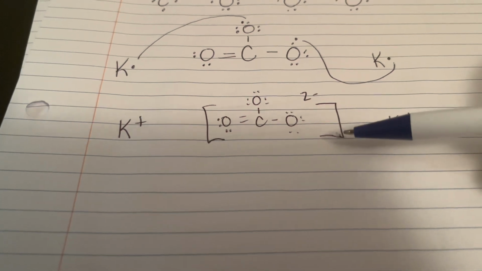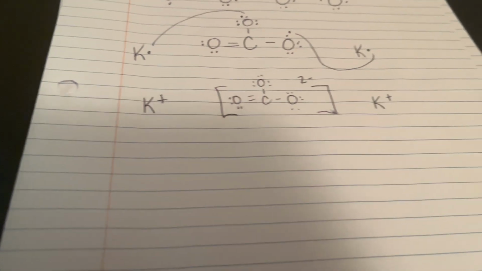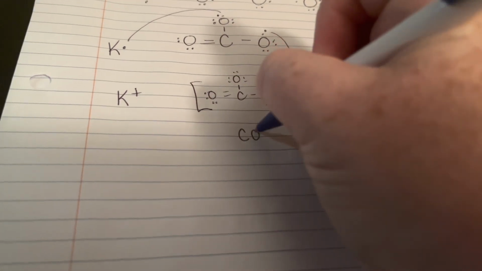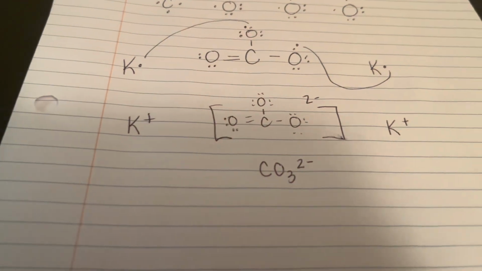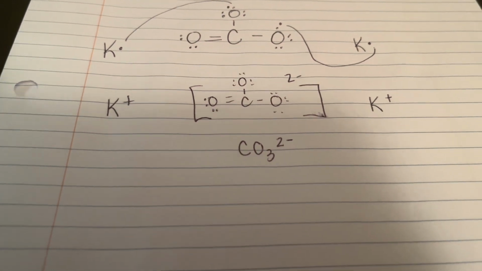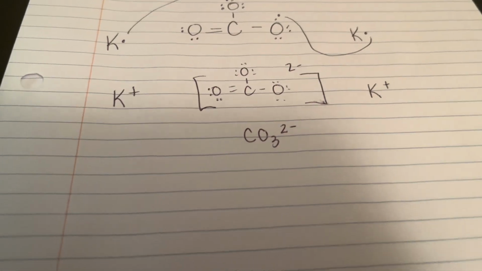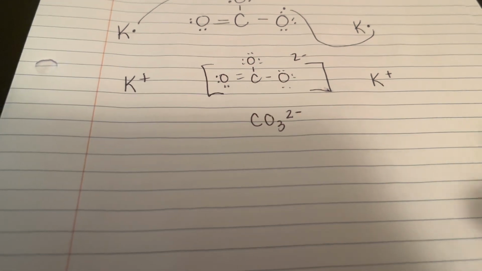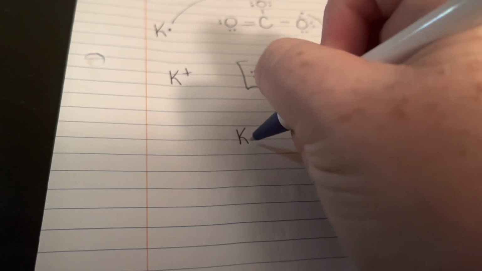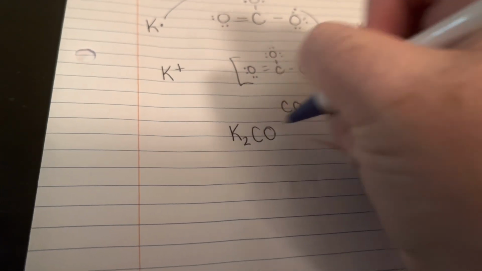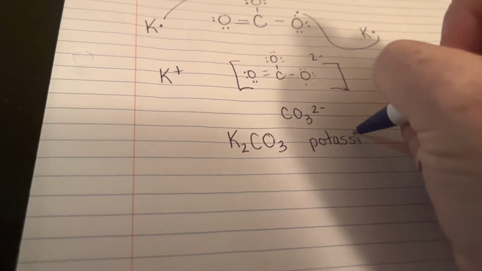This is a carbonate ion, and that's how you would write its chemical formula. And an ionic compound is formed from this when the 2 potassiums are around. It's going to give us potassium carbonate. And this is what it looks like.